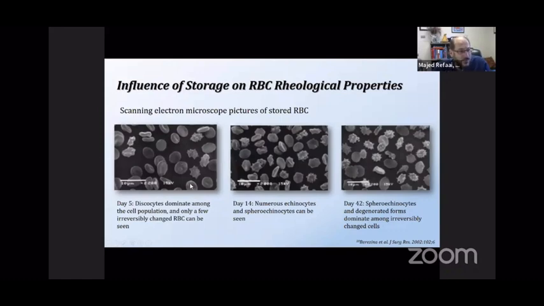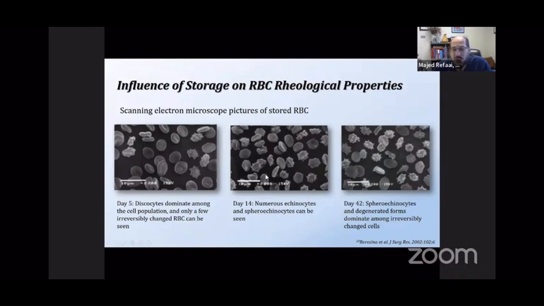I mean, these are very normal red blood cells. Moving forward a couple of weeks, it starts to get less and less, and more of the echinocytes. Echinocytes have a couple of issues here. First, they do not move very well in the capillary system of the circulation, and also they do not release oxygen easily.